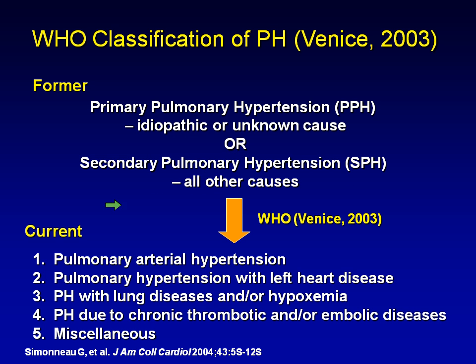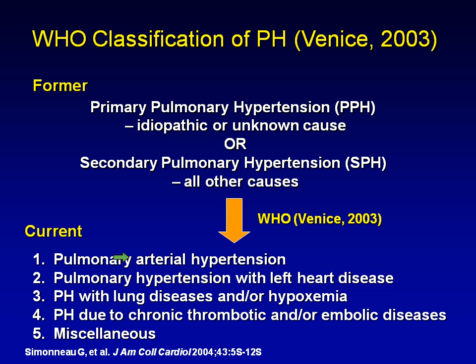So when the World Health Organization meeting started, very quickly they said, well, we know a lot more than this now, number one. And number two, there are some, quote-unquote, secondary causes for which pulmonary hypertension medications can be very beneficial. So then that group changed the classification into these 5 different categories.